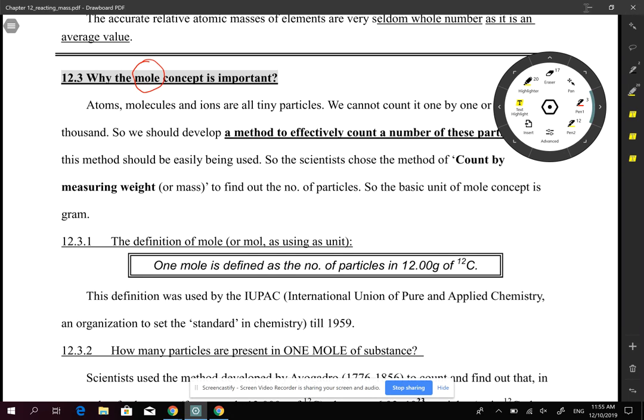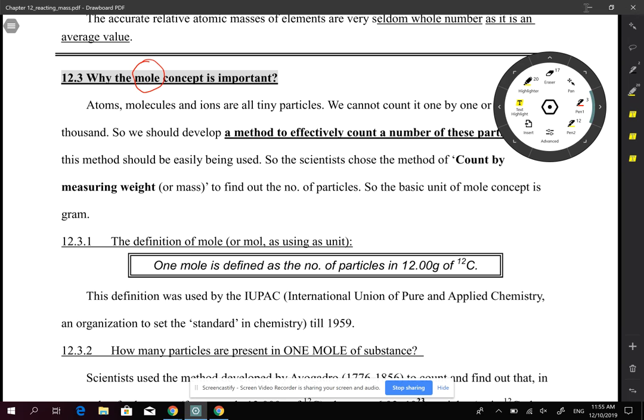Okay, so we cannot count one by one of a specific substance。我哋冇辦法，因為啲 atom 太細，ion 太細，molecule 太細，同埋可能喺1 gram 嘅 substance 裏面已經有太多粒啦，我哋冇辦法逐粒數嘅。即係 for example, you have a red bean, you go to the market to buy red bean.